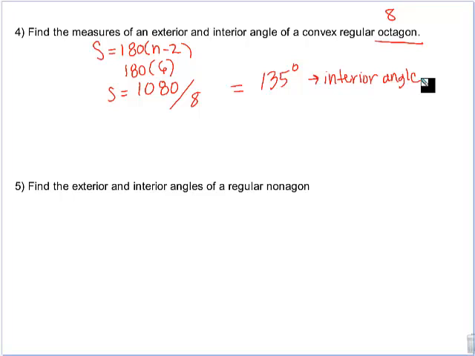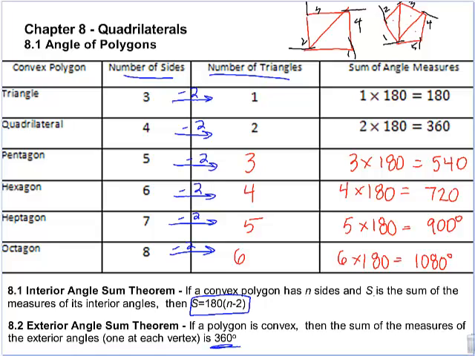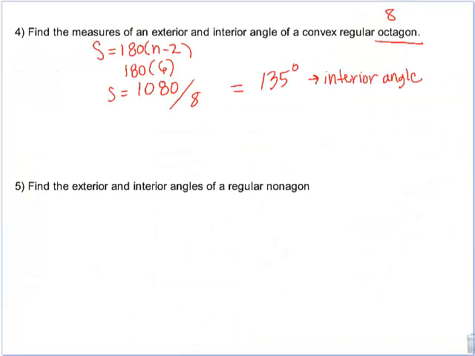Now, we also have to find the exterior angle. There are two ways that we can do this. The first option is that our exterior angle sum theorem told us that no matter how many sides we have, all the exterior angles add to be 360.